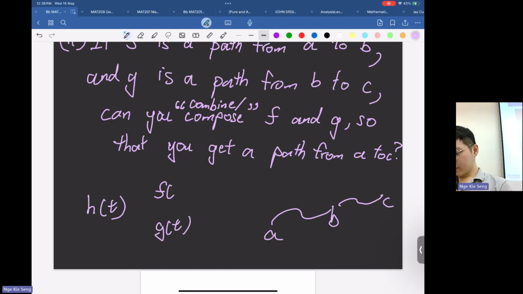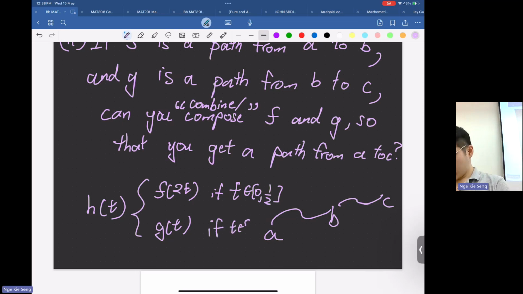So for F(t), I make it run double speed, so that I just need to take time from 0 to half. And then how about G(t)? G(t) is going from t from half to 1.